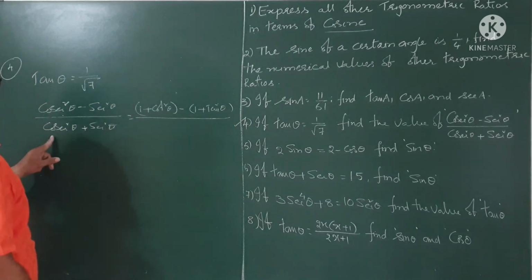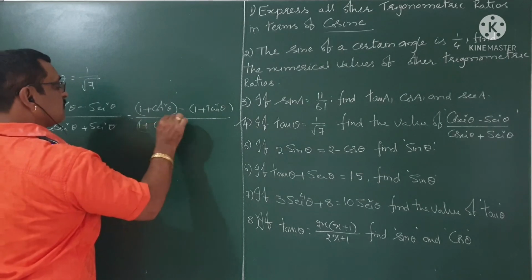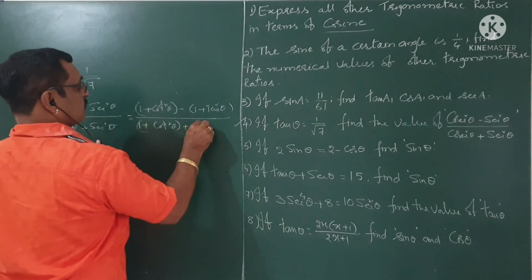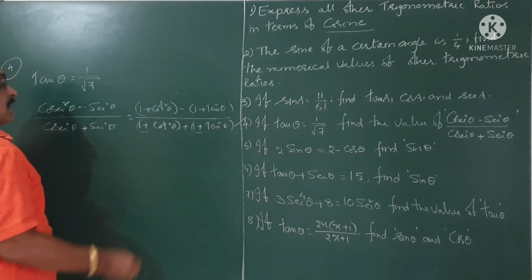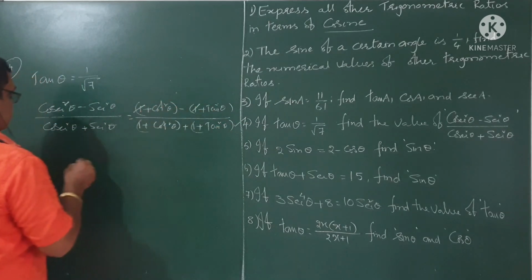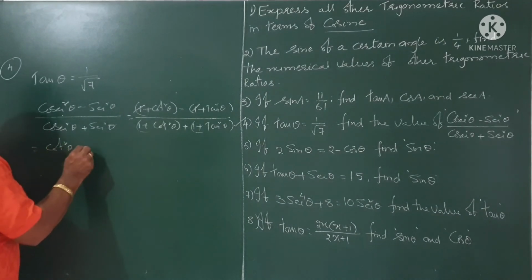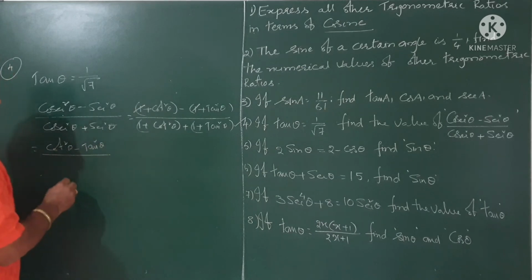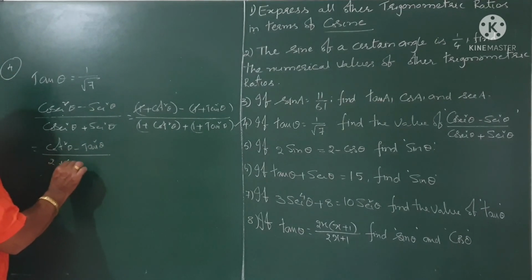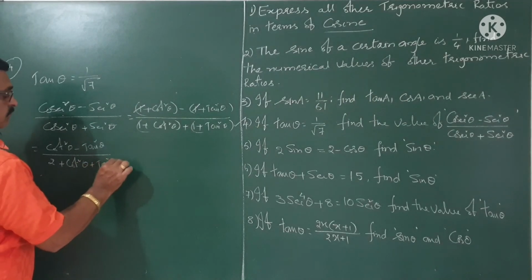Same thing for the denominator also: 1 plus cot square theta plus 1 plus tan square theta. Now I can cancel this 1 and 1. So I have cot square theta minus tan square theta over 2 plus cot square theta plus tan square theta.